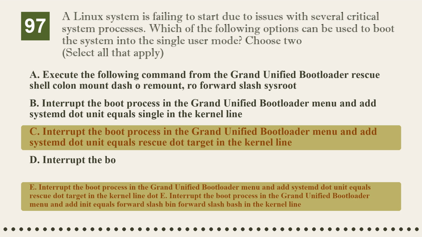The correct answers are options C and E. Interrupt the boot process in the Grand Unified Bootloader menu and add systemd.unit=rescue.target in the kernel line. E. Interrupt the boot process in the Grand Unified Bootloader menu and add init=/bin/bash in the kernel line.